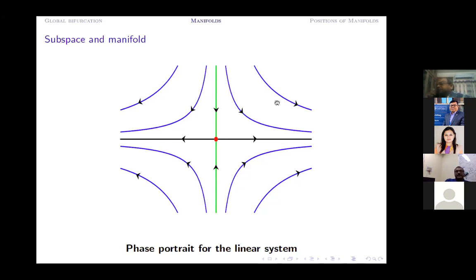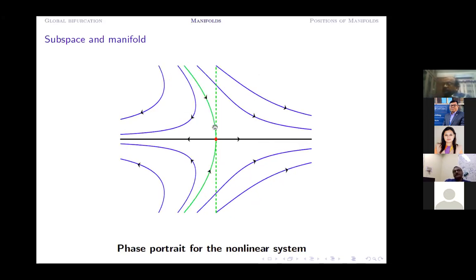linear system. Now if you consider the plot of the corresponding nonlinear system, what can you find? You can find this kind of structure. And now it is completely your discretion. You need to visualize what happened due to the nonlinear system.